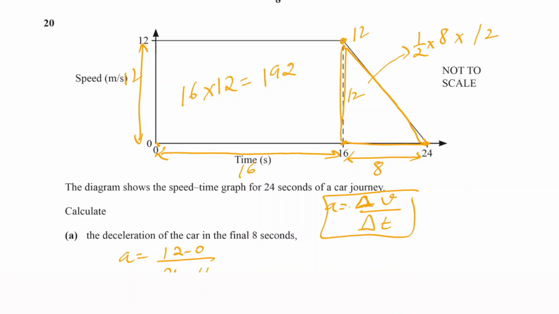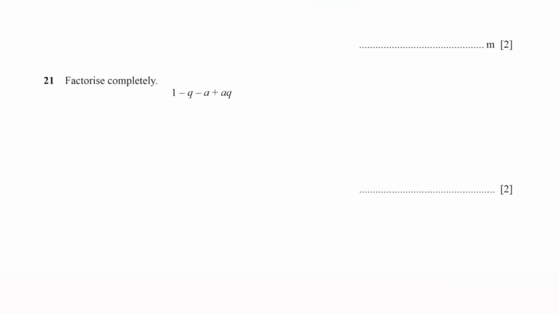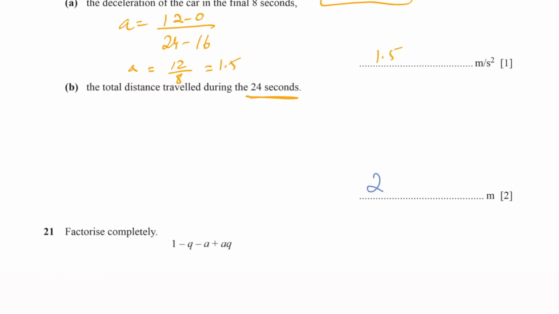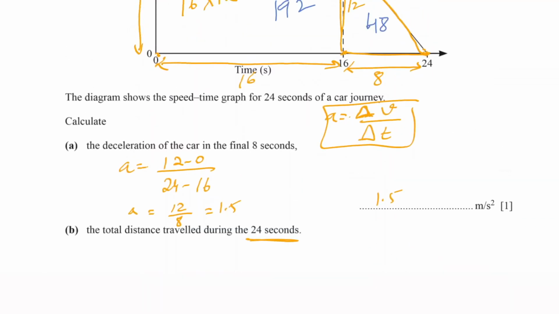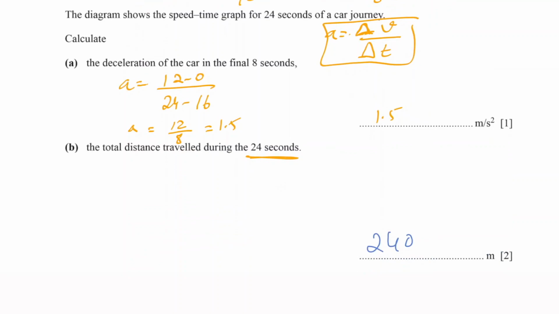So this area is 48 and this area is 192. If we add 192 with 48, I get 240, and 240 is the total distance traveled during the 24 seconds.